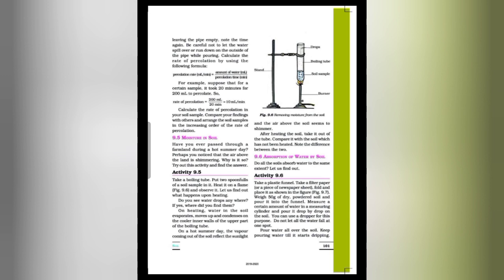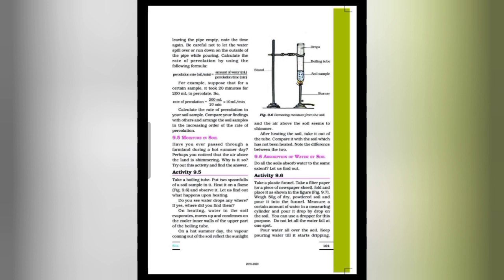So, rate of percolation is equal to 200 milliliters divided by 20 minutes, which gives 10 milliliters per minute. So students, the unit of percolation rate is milliliter per minute. And the difference in the two time readings will give the time taken by the water to percolate in the soil. So the percolation rate of water in the soil can be calculated by using this formula.